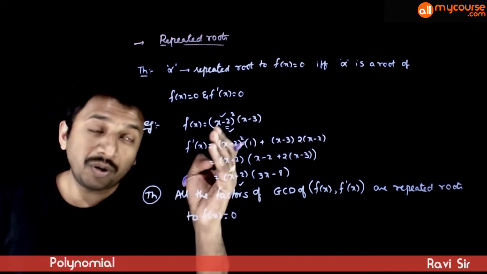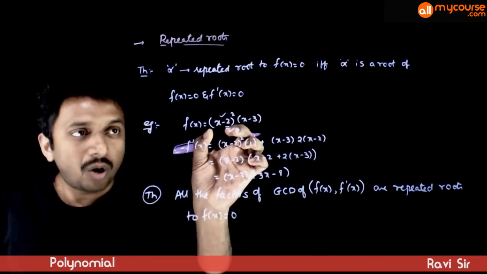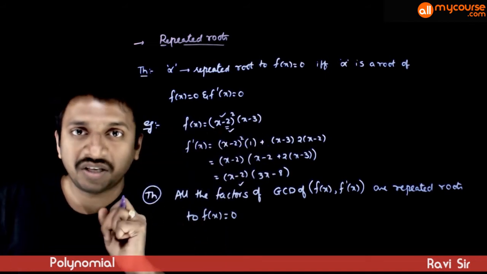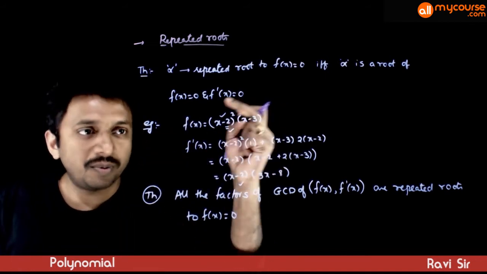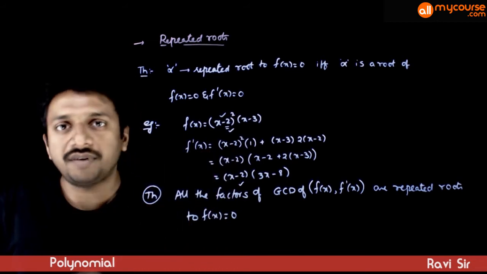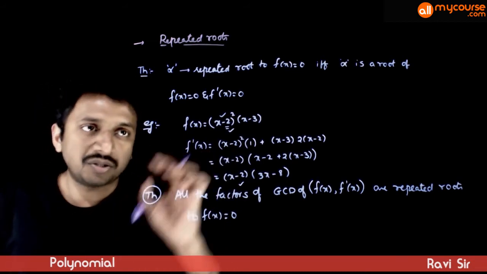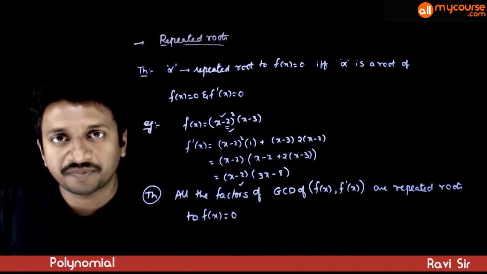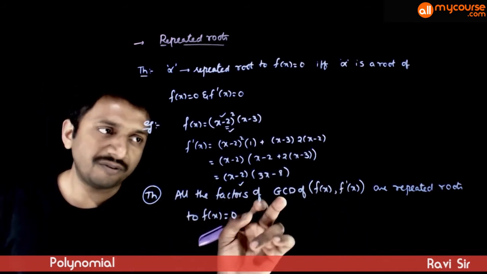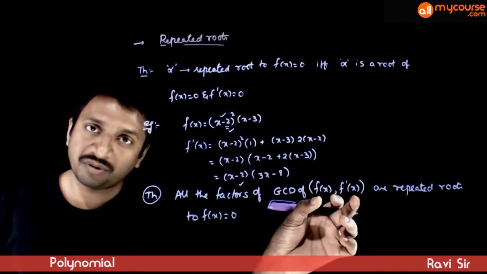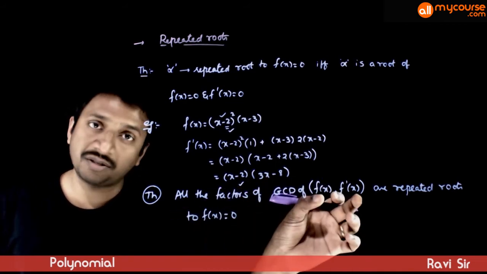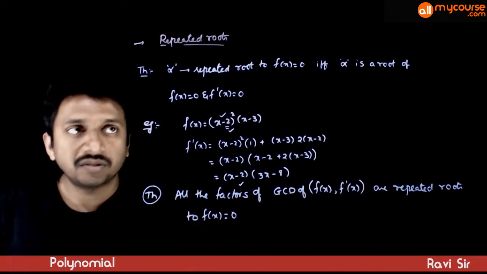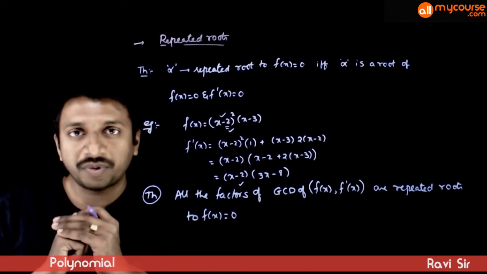So there need not be only one repeated root. Whatever repeated roots are there to f of x is equal to 0, all those roots will be common roots to f of x and f dash of x is equal to 0. So they will be visible in the GCD of f of x and f dash of x. All the factors of the GCD of f of x and f dash of x, that is all the common factors of these two, will be repeated roots to f of x is equal to 0. So these are the two statements which you need to remember.